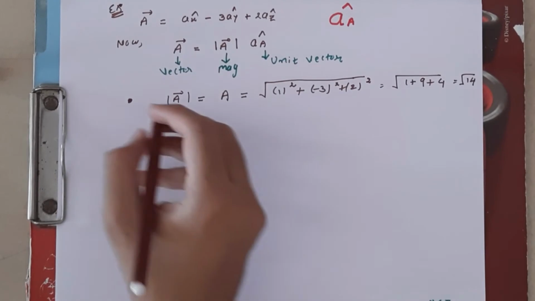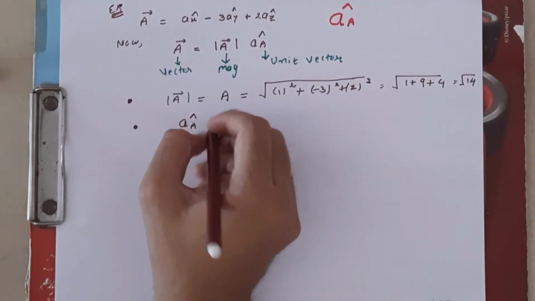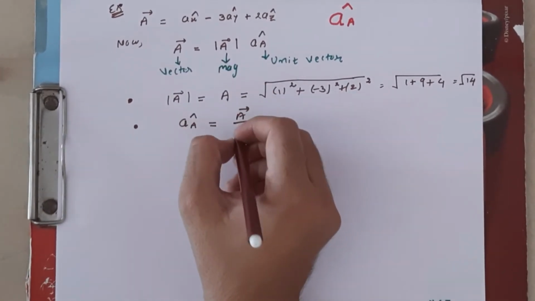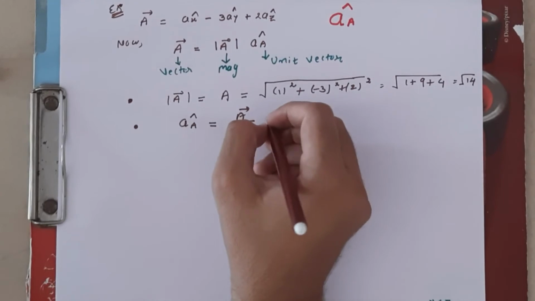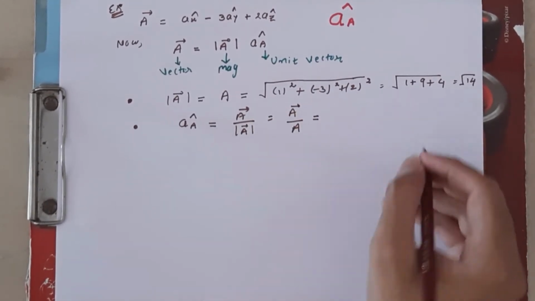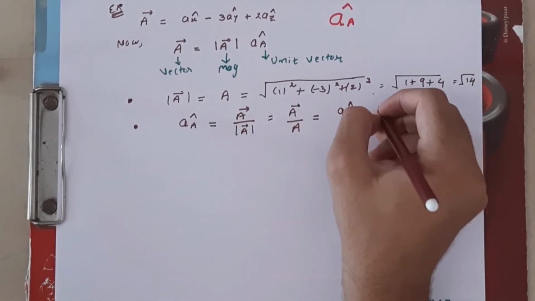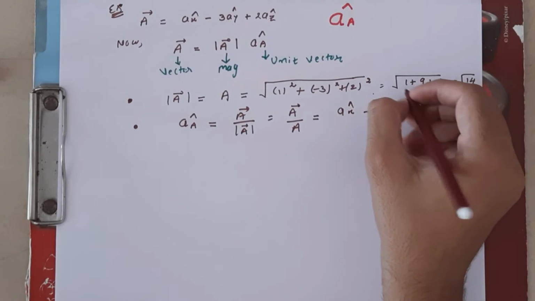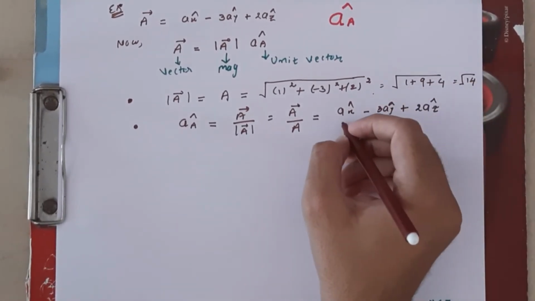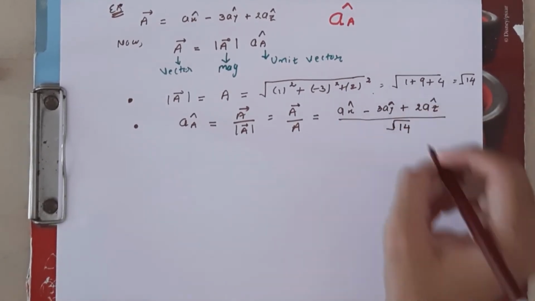Now how can you find the unit vector? The unit vector of vector A is equal to the given vector divided by its magnitude, or vector A divided by A. Vector A is ax minus 3ay plus 2az divided by its magnitude, under root of 14.